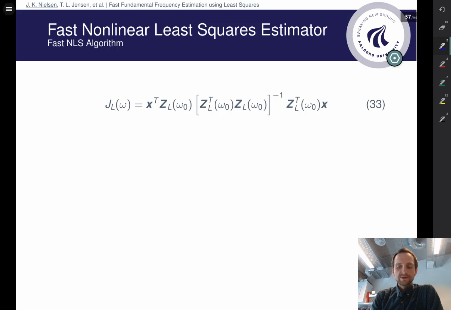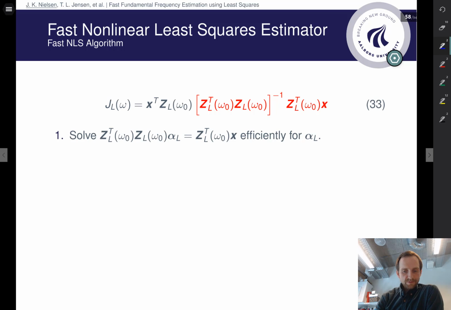Here is the objective of the NLS method, 33. The part I've highlighted in red says that if we should evaluate this cost function efficiently, we should be able to solve a linear system looking like this efficiently, because the solution to this system is what we have here.